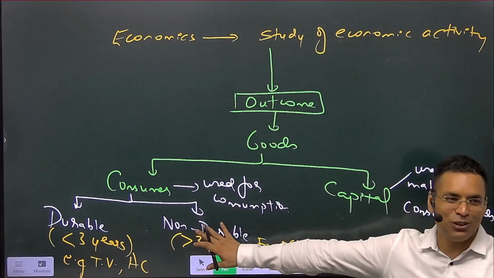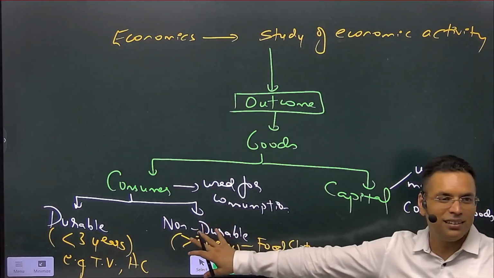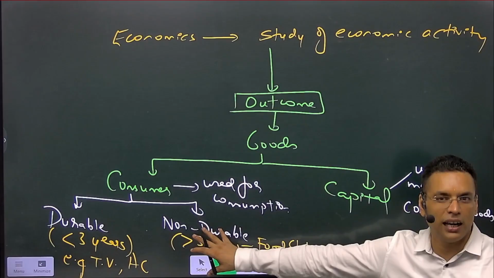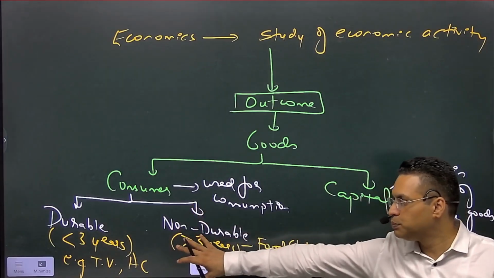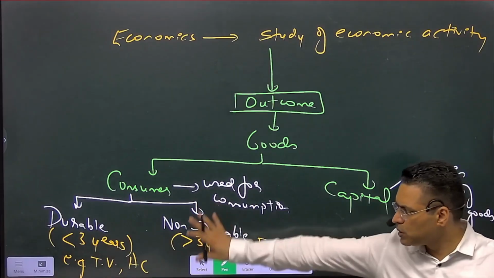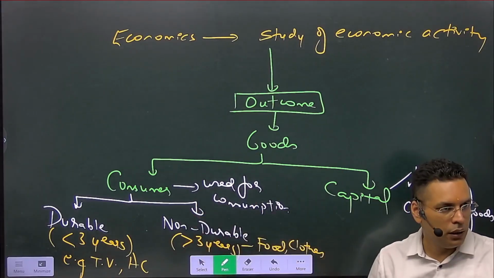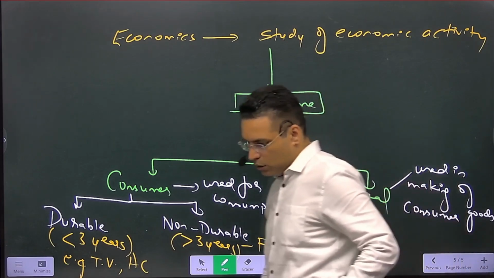So normally ऐसा नहीं होता है. Clothes, food, these are non-durable goods. They have a shorter life. But durable goods are जिसकी durability है, life है, and that is more than 3 years. So that is how it can be understood.